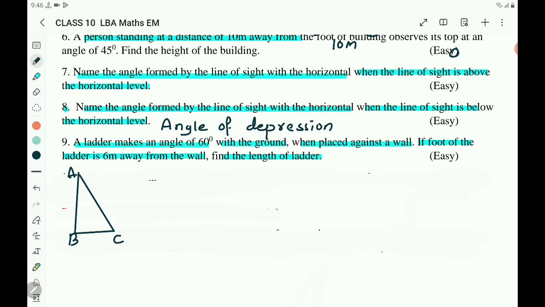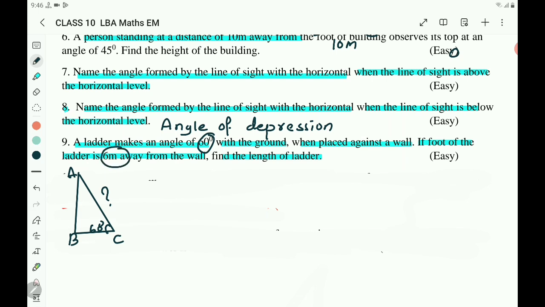What we have to find out? We have to find the length of the ladder. Here ladder makes an angle of 60 degree with the ground, means it is the angle of elevation. How much? 60 degree. Here what is given?